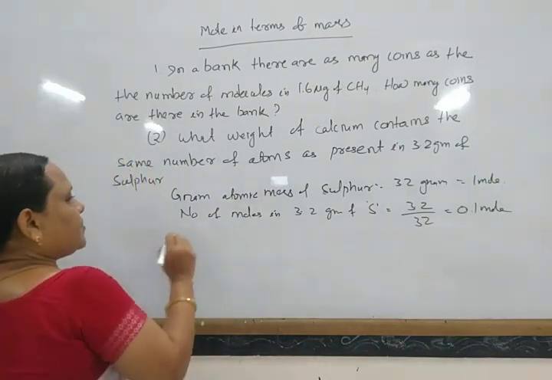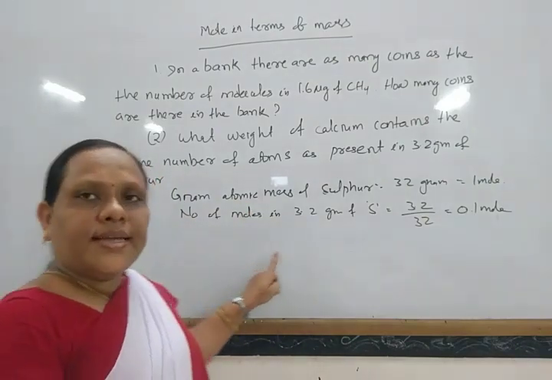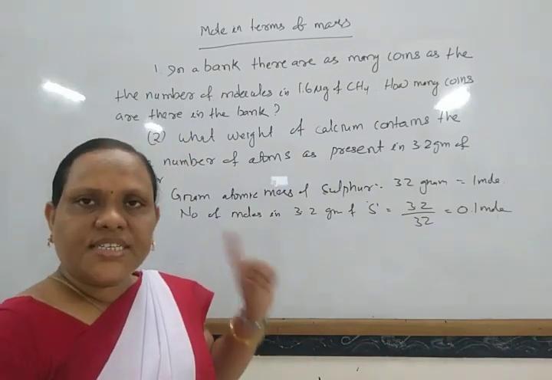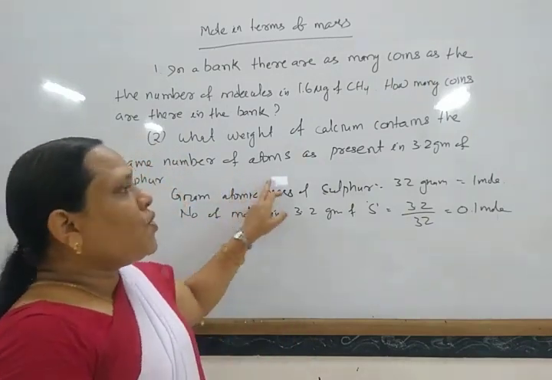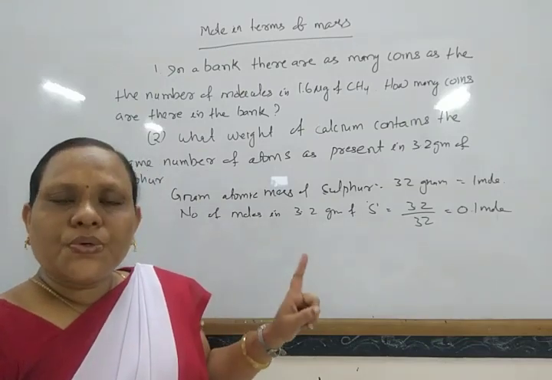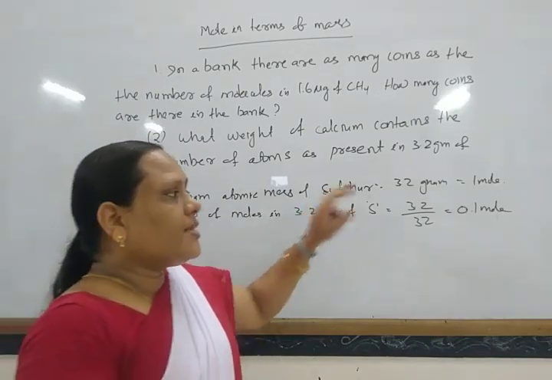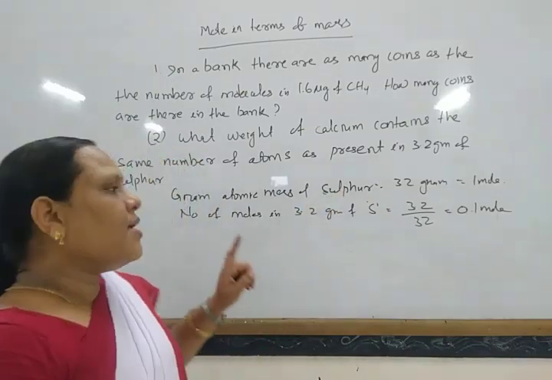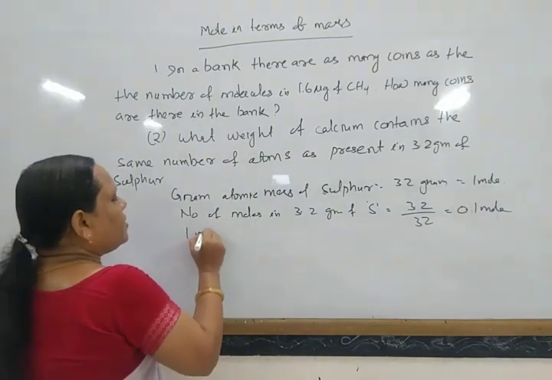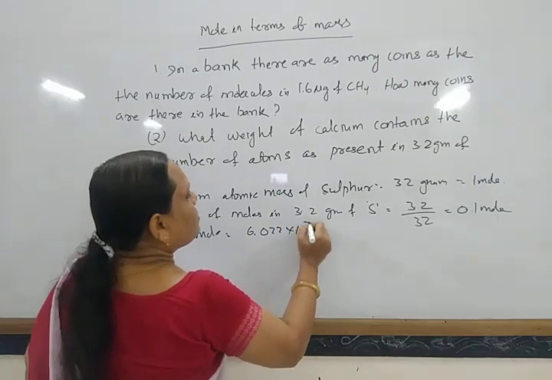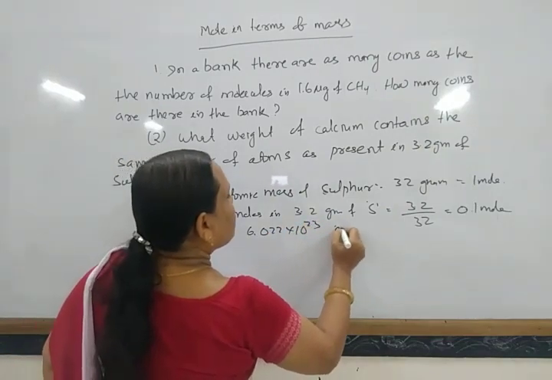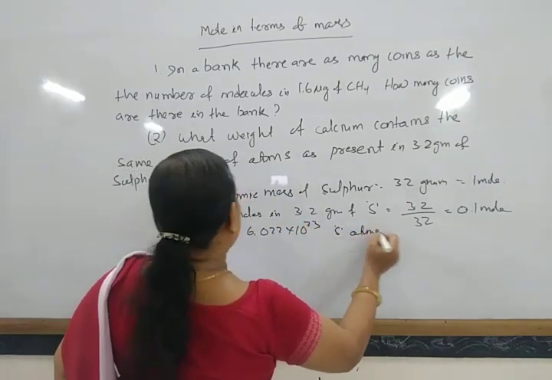Okay. Next, 1 mole contains how many atoms? 1 mole contains 6.022 × 10^23 atoms. So 1 mole has 6.022 × 10^23 sulfur atoms.